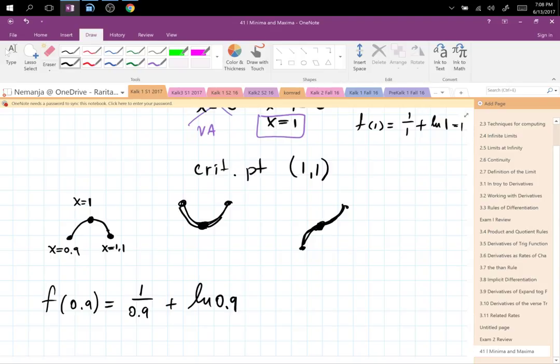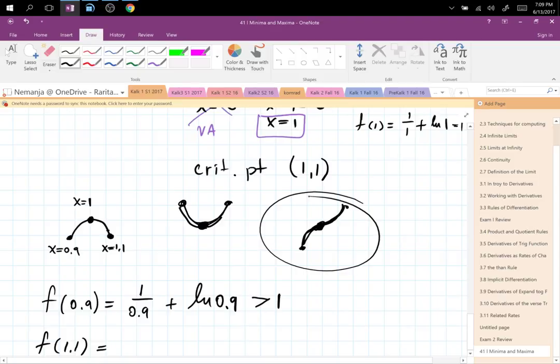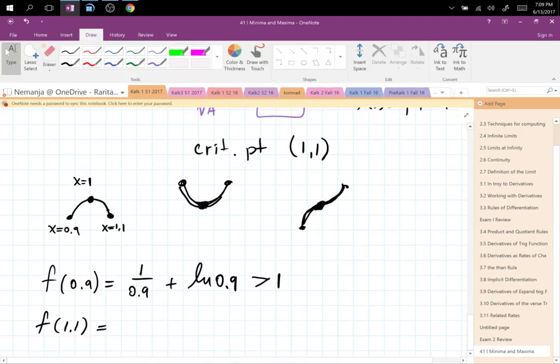And I have a value that is larger than 1. Then I repeat the calculation for 1.1, because it could be the case that one side is smaller and one side is bigger, and we call that an inflection point. We didn't learn about those yet, but it could happen.